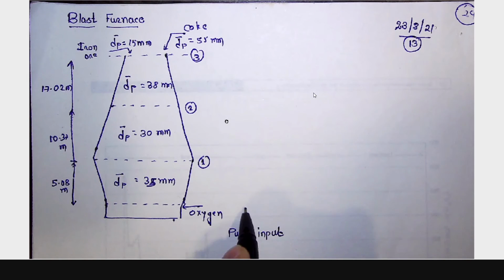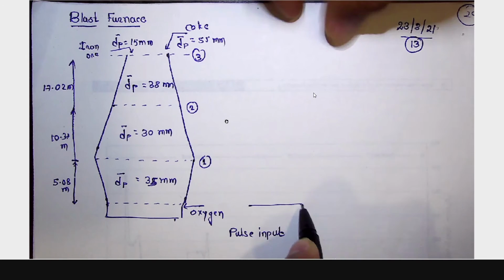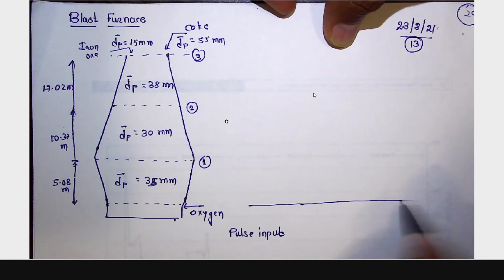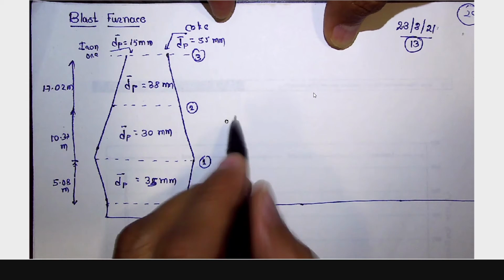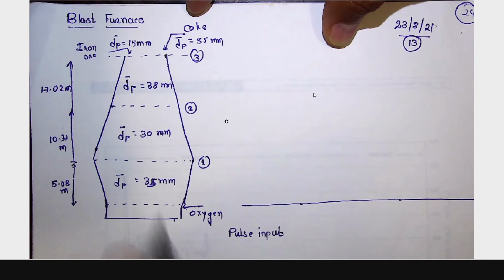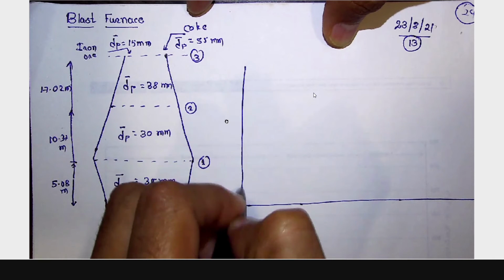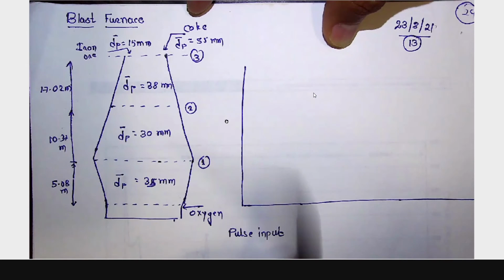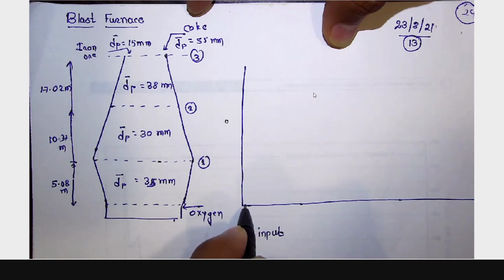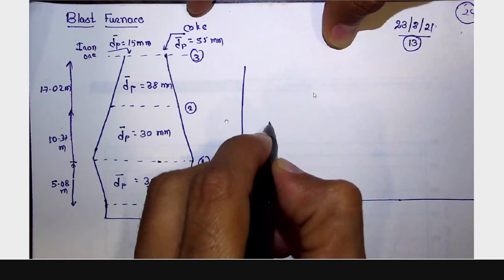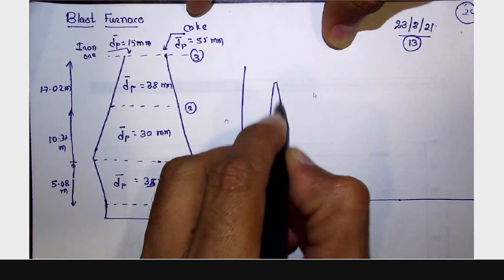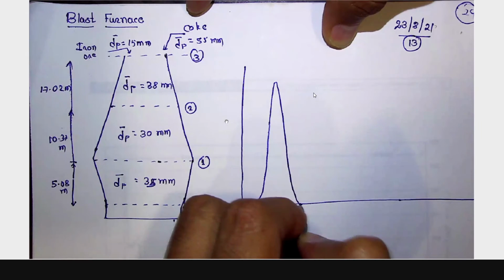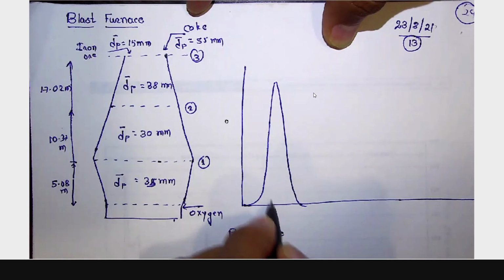Suppose this is the time scale, and if we draw it, what kind of curve did you get? At the first section, that means measured at this particular point, it comes out as a single peak like this, with a mean residence time of 0.7 second.